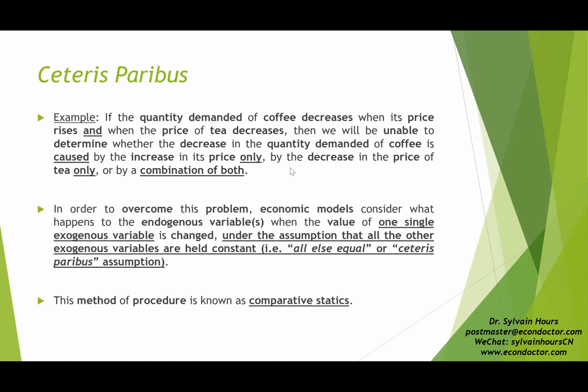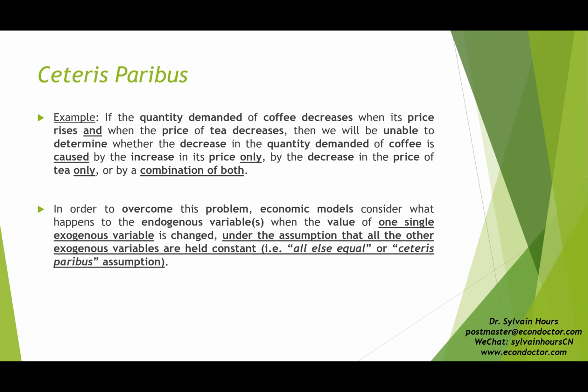That's a problem. So what we do to overcome this problem in economic models, we make an assumption, which is a very strong assumption, actually quite unrealistic, but we assume that we only have one exogenous variable changing, and everything else remains the same. So you change the price of coffee and everything else, the price of tea, the income of consumers, the preference of consumers, remains unchanged, is held constant.